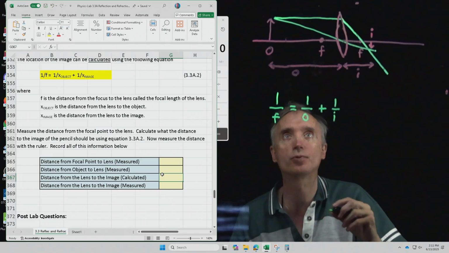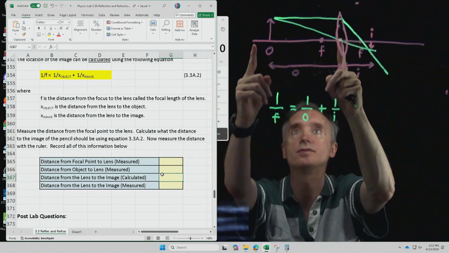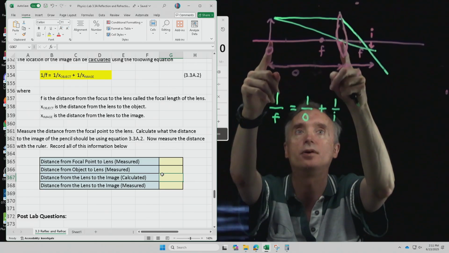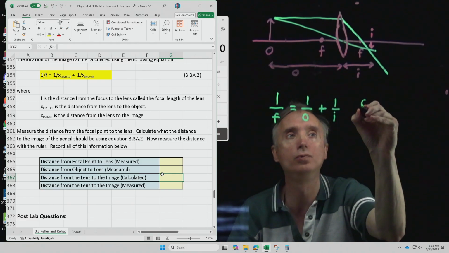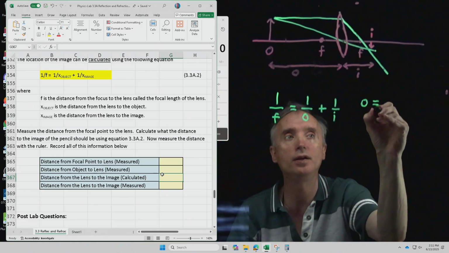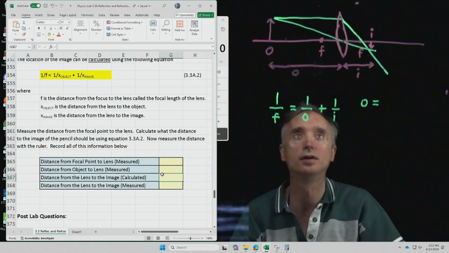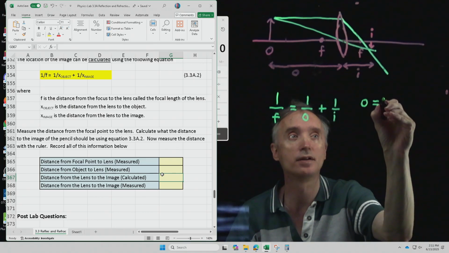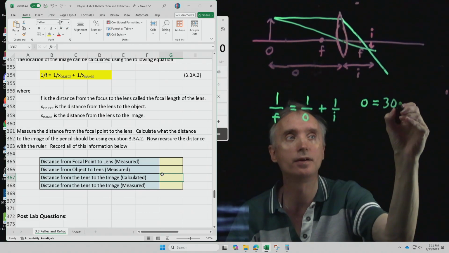Let's pretend that the distance from here to here, so my O, is equal to, let's say, 30 centimeters. I'm just making up numbers here.